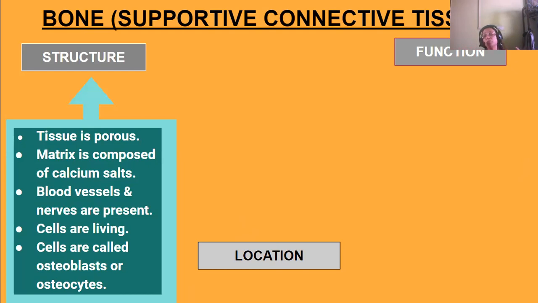Here the blood vessels and nerves are present in the bone tissue, but in cartilage there were no blood vessels and nerves. Bone cells are living cells.